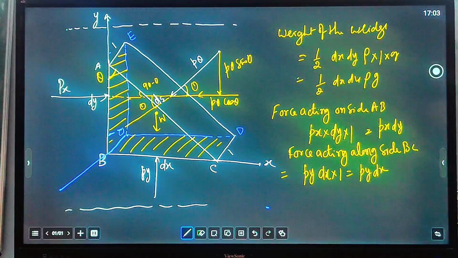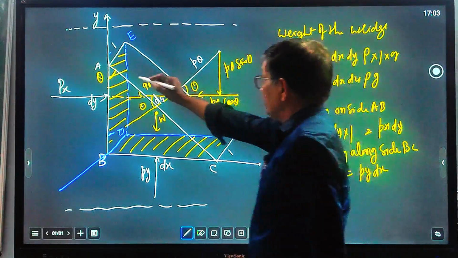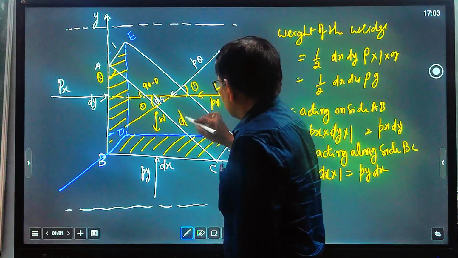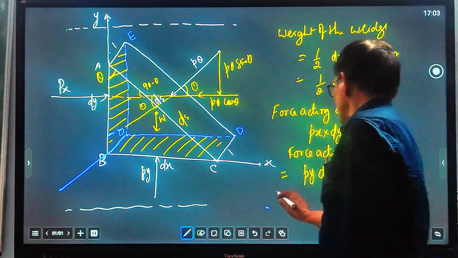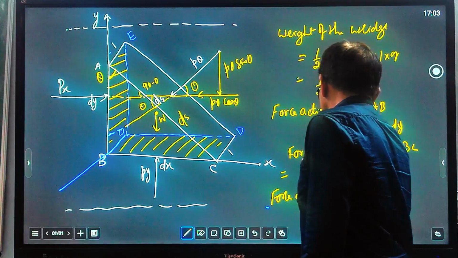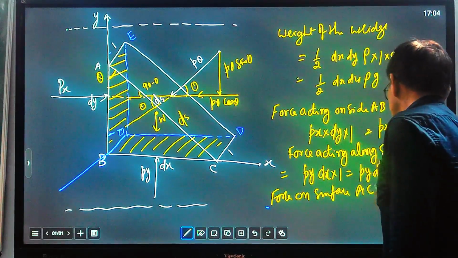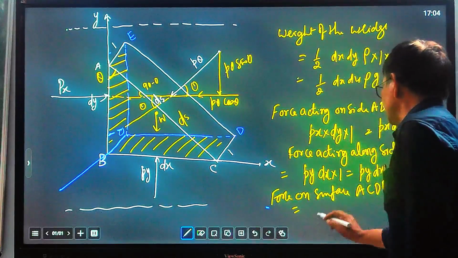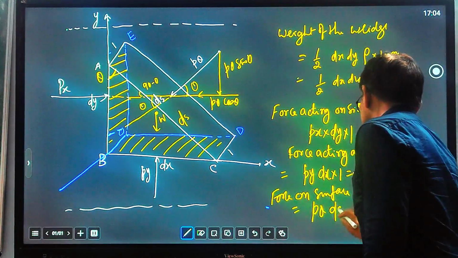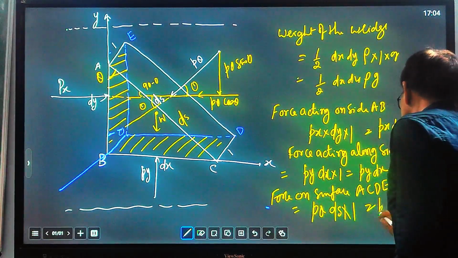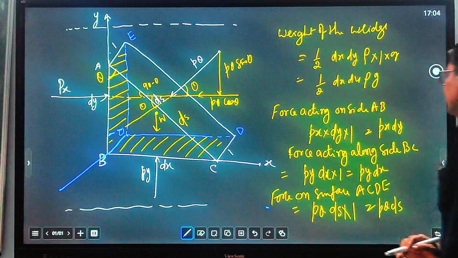And force acting along AC: the length of AC we have taken as ds, and thickness is 1. So force on surface AC equals P theta ds into 1, means P theta ds.